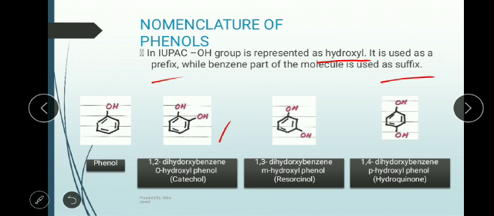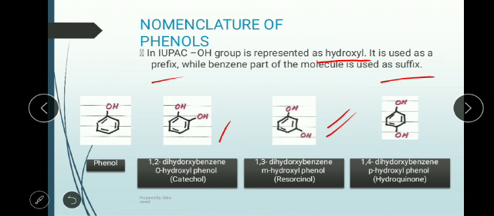Now come to the next, resorcinol, or you can say meta-catechol. You can see OH at 1 and 3rd position. So you can write its IUPAC name, 1,3-dihydroxybenzene.